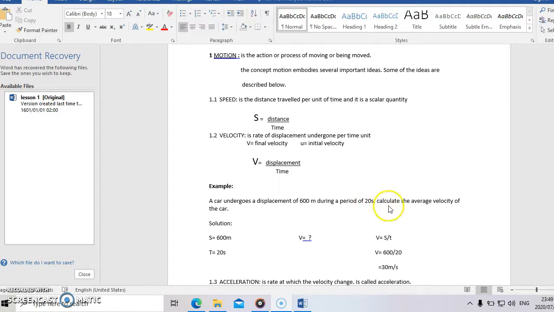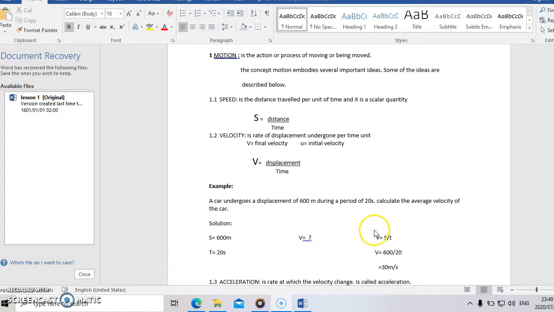Now they ask you to calculate the average velocity of the car. So we've got the displacement, which is given as 600 meters, and we've got time, 20 seconds.